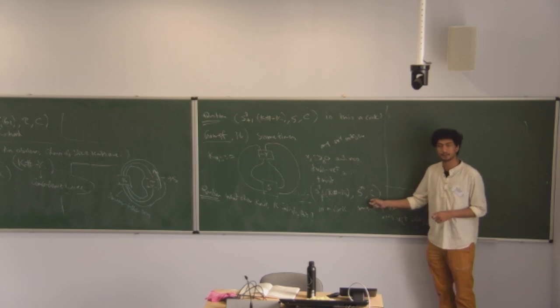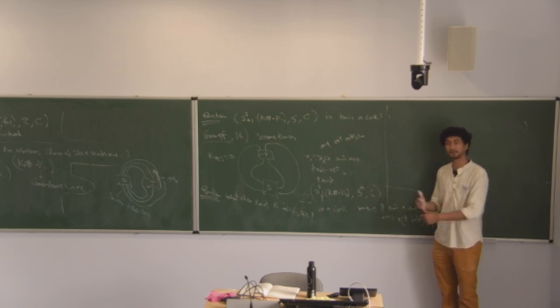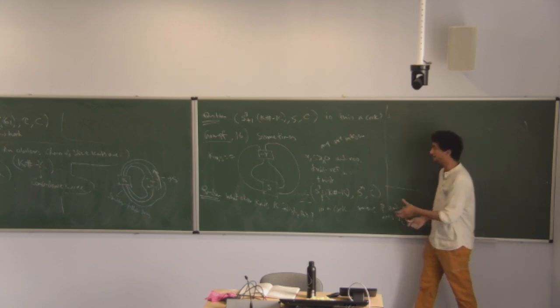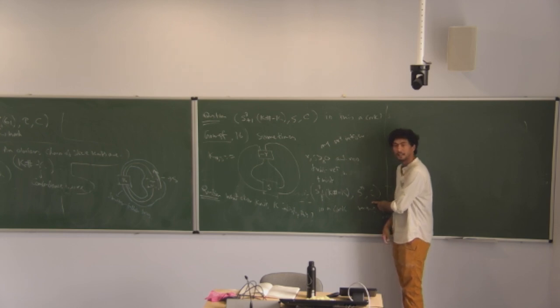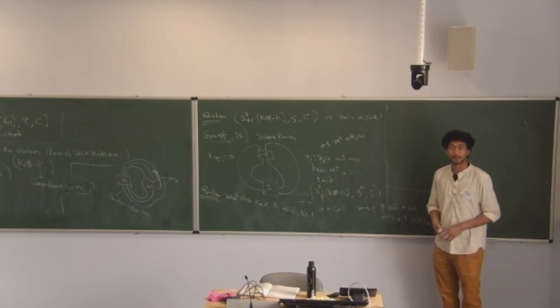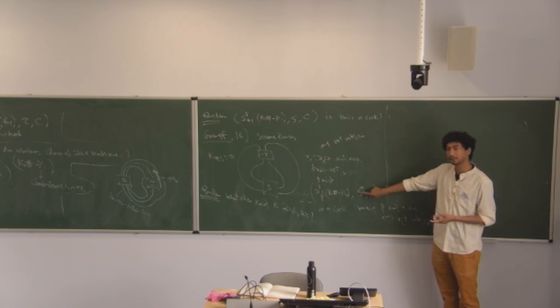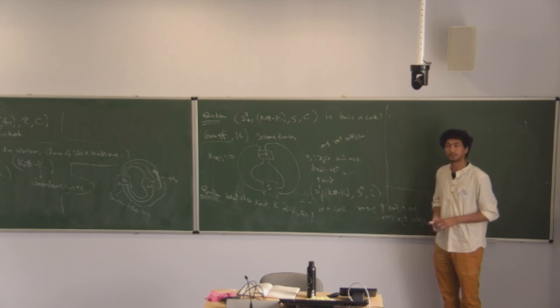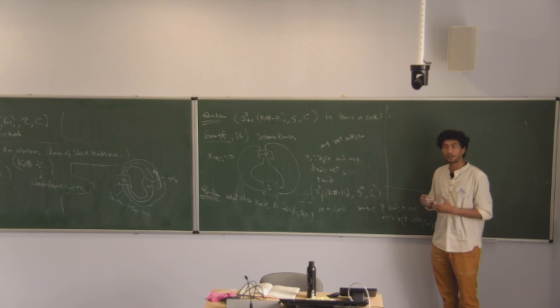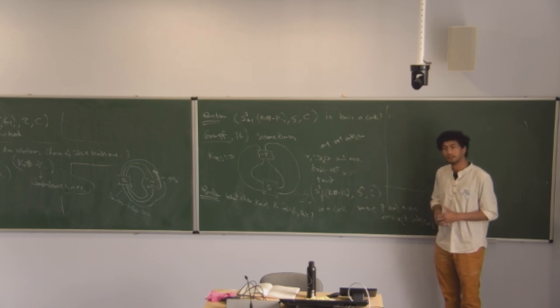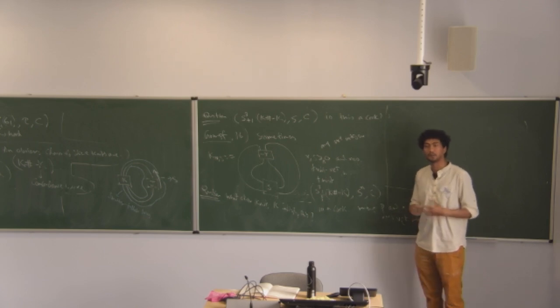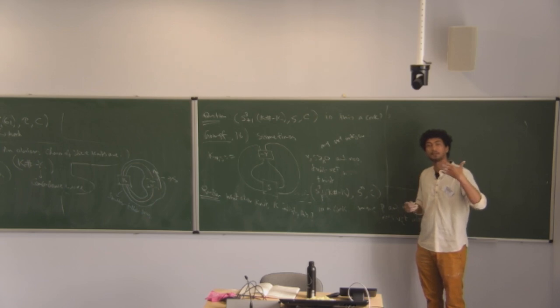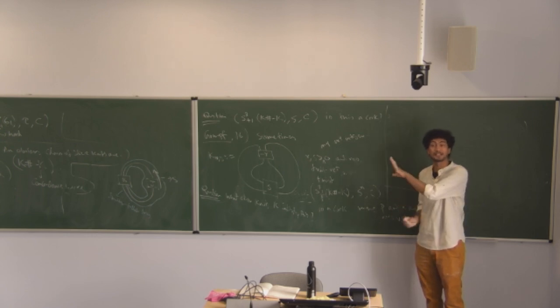Okay, so how did Gompf prove this? Well, his strategy was exactly the same thing that is written in this part of the board. He embedded this cork inside a closed four-manifold, in this case some elliptic surface. And then he showed that when you keep redoing the boundary twist, that corresponds to doing what's called a Fintushel-Stern knot surgery, but those knot surgeries were done along knots with varying Alexander polynomial. There is a formula that relates the Seiberg-Witten invariant of the four-manifold after Fintushel-Stern knot surgery with the original four-manifold, by a product with the Alexander polynomial of the knot.